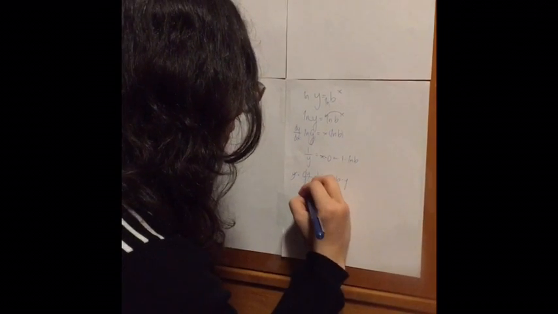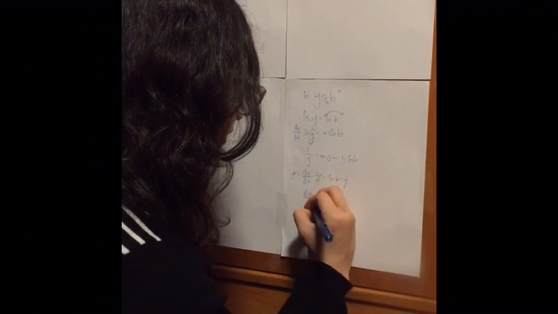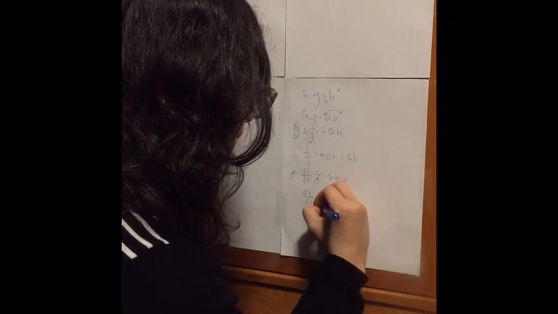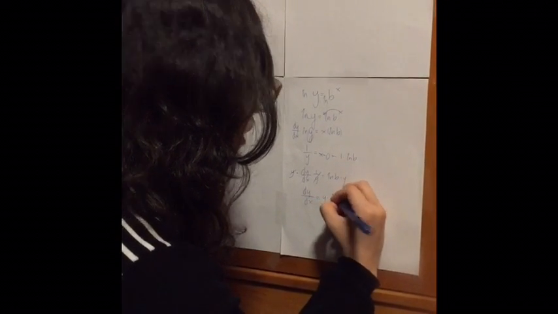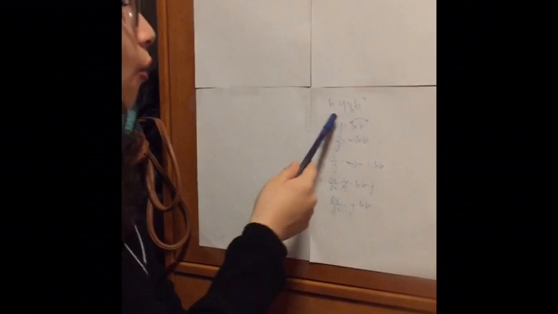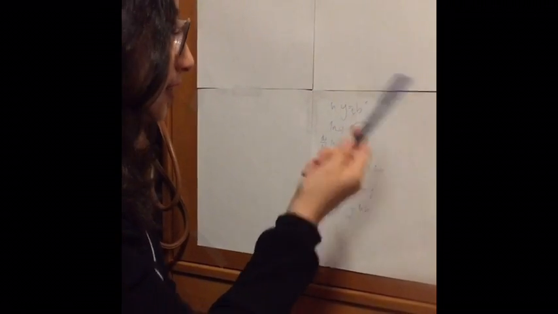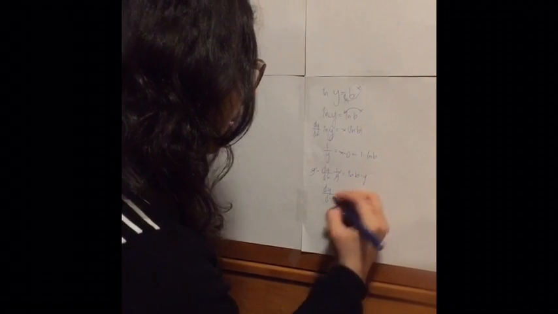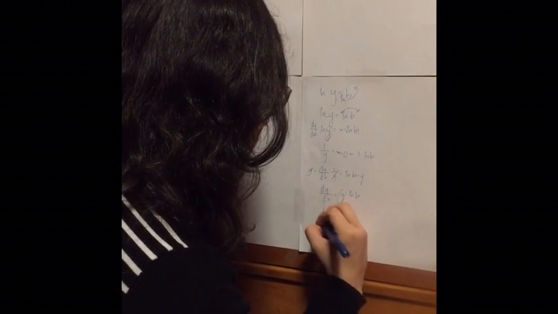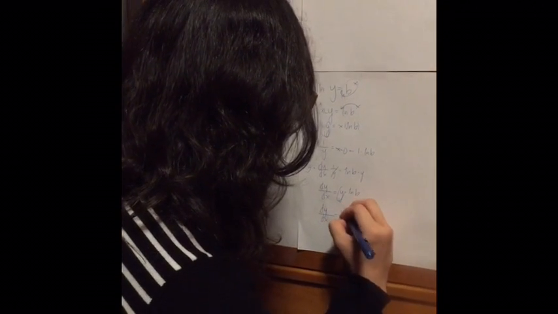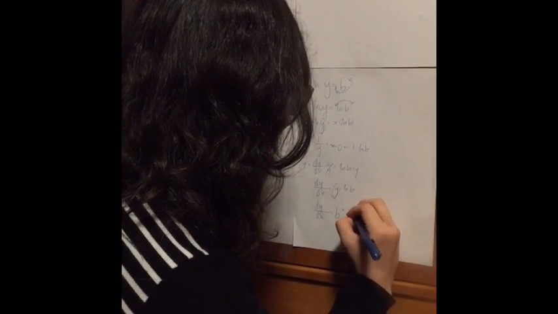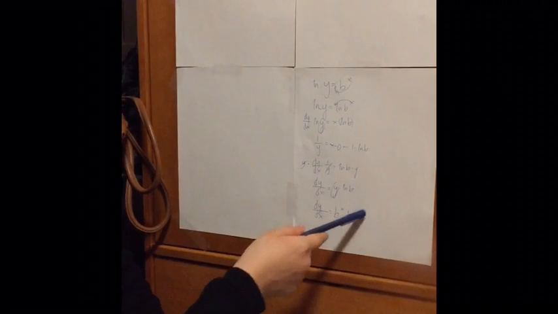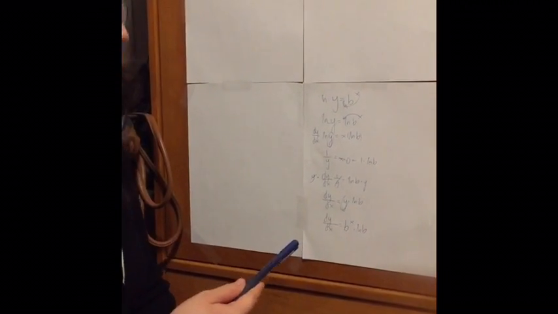And we'll get dy over dx equals y times ln b. In the beginning, we stated that y was equal to b to the x, so we can plug in b to the x for y. Once we do that, we'll get the derivative is equal to b to the x times ln b. And ln b is the magic number that we had earlier.